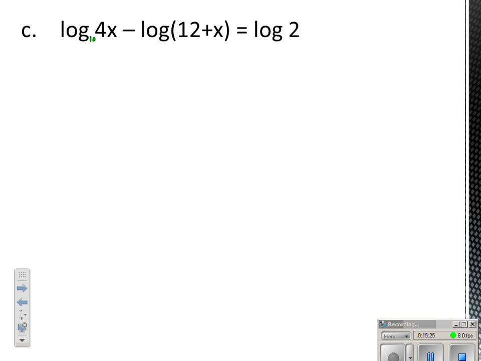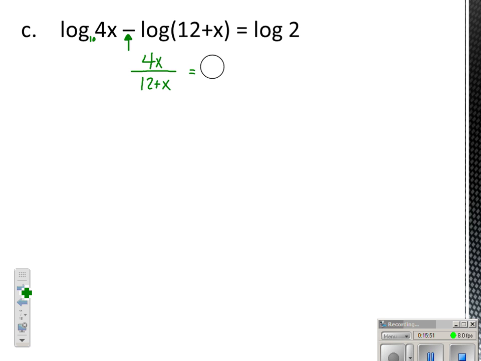Okay, so remember what it is if you have a minus between them. Those two parts would have been a quotient. So go ahead and stack them. That didn't work very well. Stack them with 4x over 12 plus x. And then over here, we have that 2.